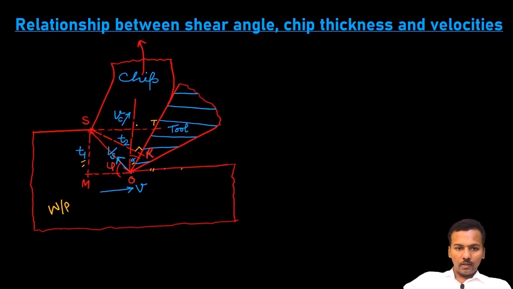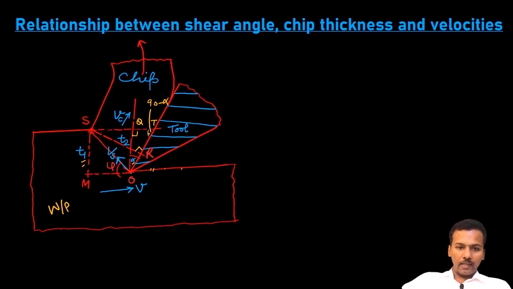Suppose this is point Q. In triangle OQT, this is the horizontal line, this is the vertical line, and this is 90 degrees. Now if this is alpha, then this angle is 90 minus alpha. Again in triangle TRS, this is again 90 degrees.